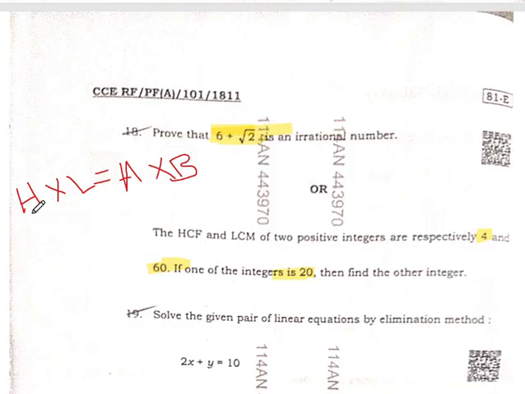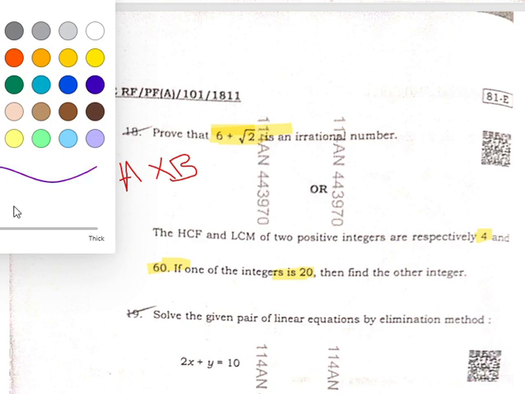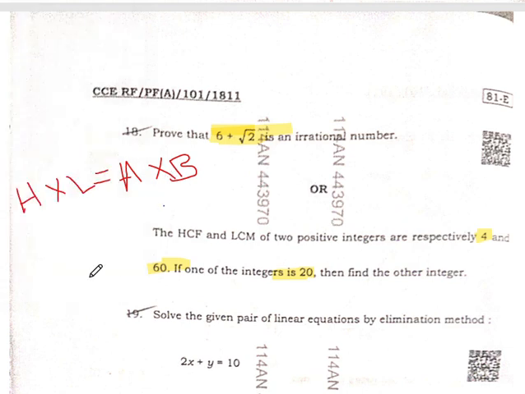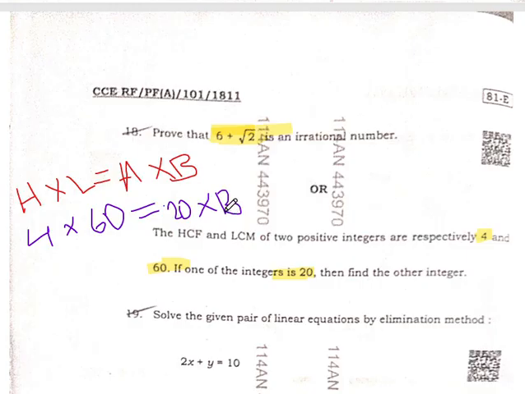So just substitute the HCF, 4, and the LCM, 60: 4 into 60 equals A, one of the integers given, that is 20, into the other integer we are finding out. We don't know its value, so write it as B only.